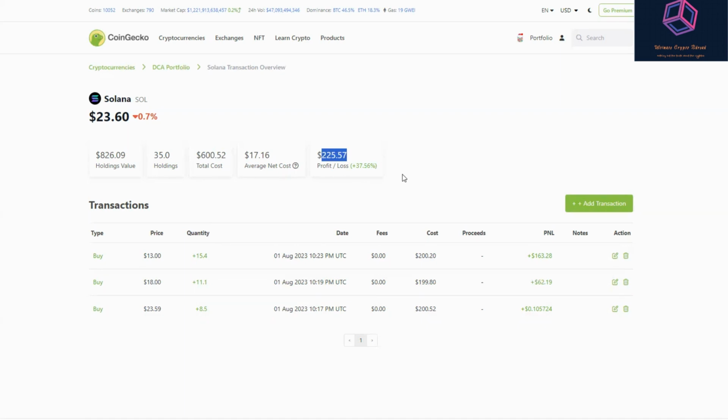So as we know, Solana did come all the way down to around $10. So what I would do again is, if it comes down even further from $13 to around 10.5, that's another 25% drop.